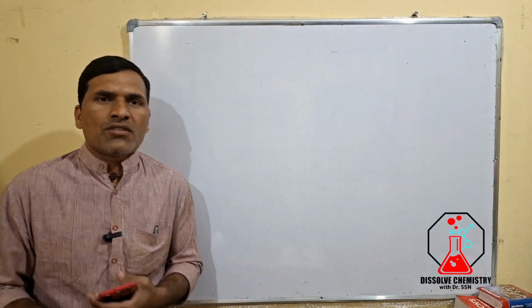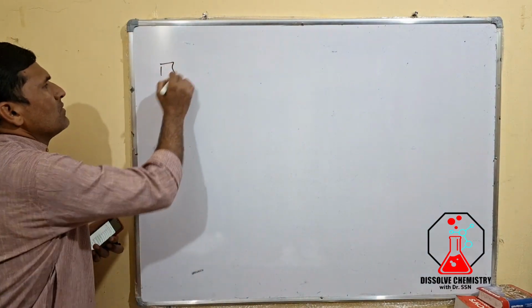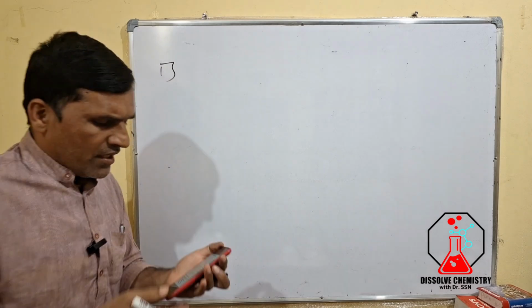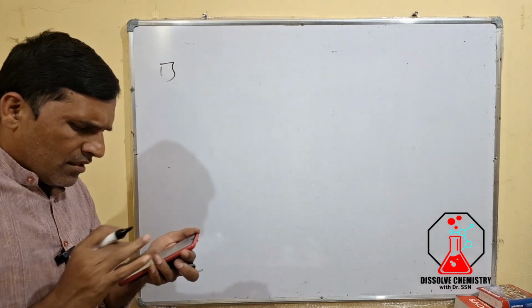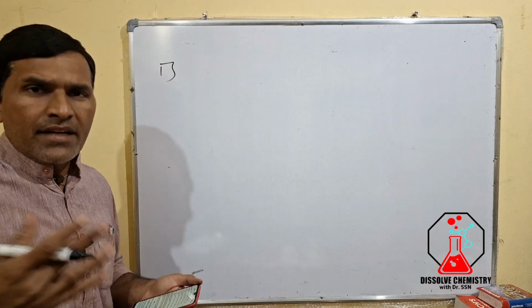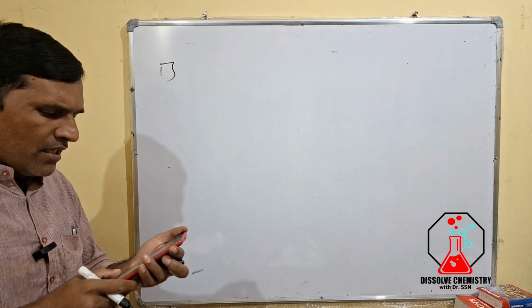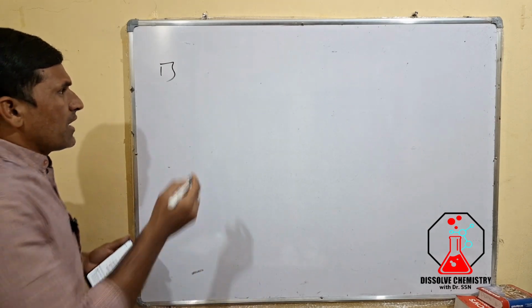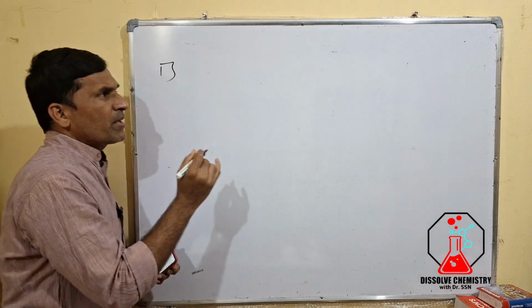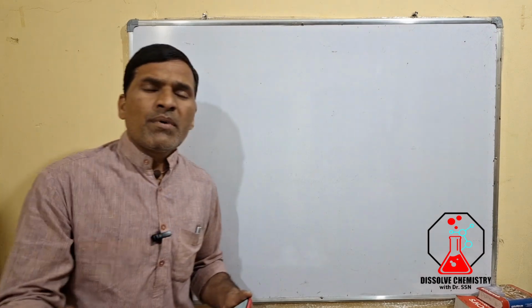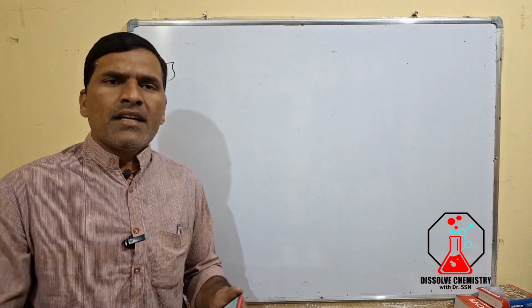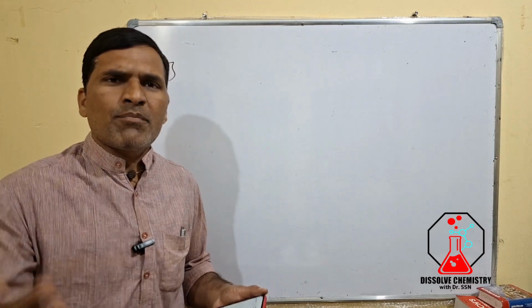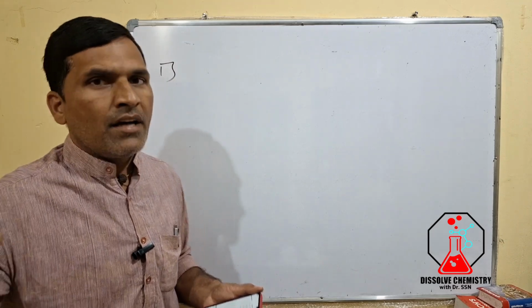Okay, let us start with the first question. When a solid is dissolved in a liquid, it is an endothermic process. Then what happens to the solubility? Generally you should remember that an endothermic process means when the temperature is increased, the dissolution of the compound or any process is going to be enhanced.